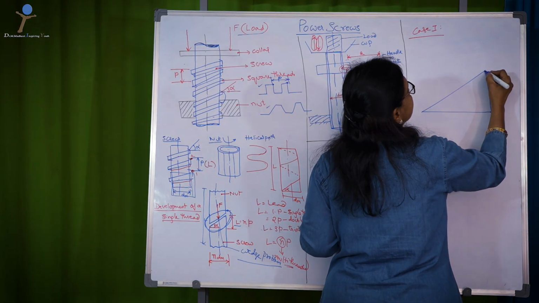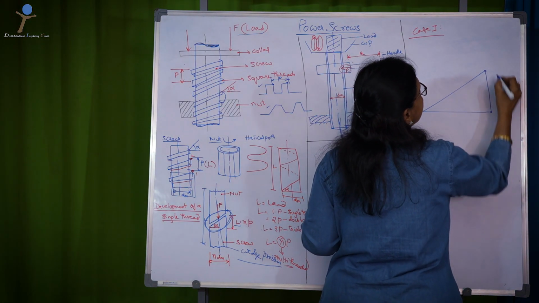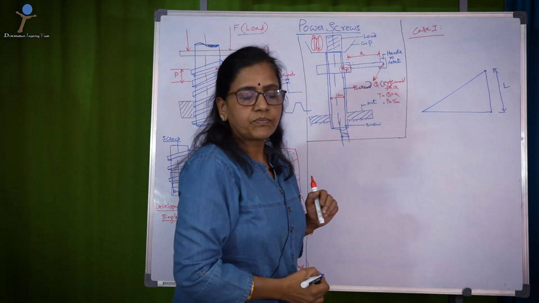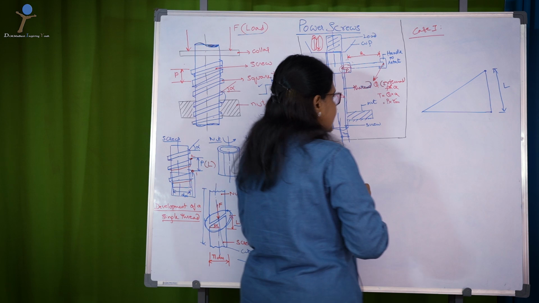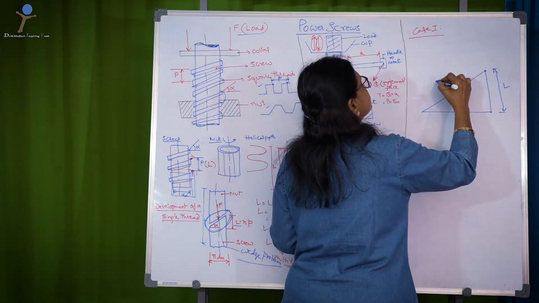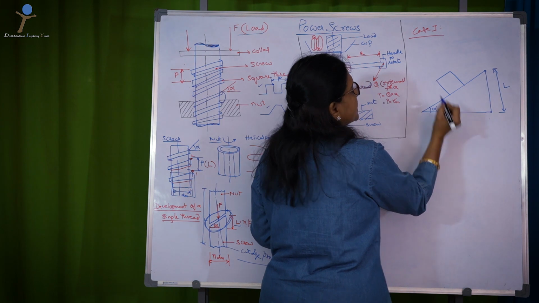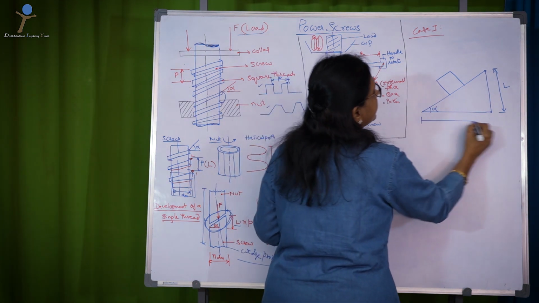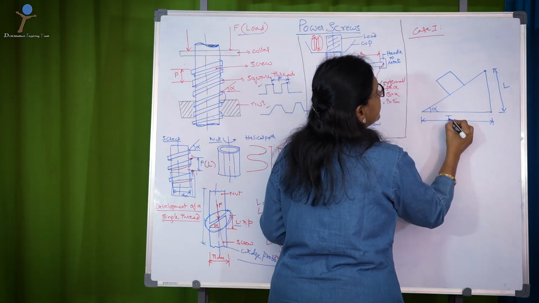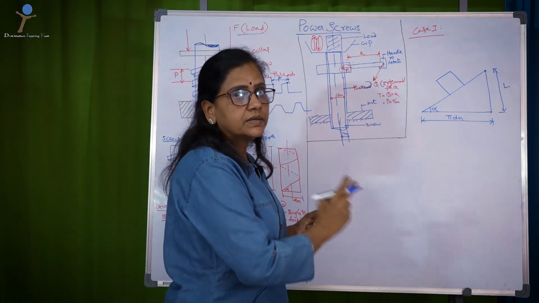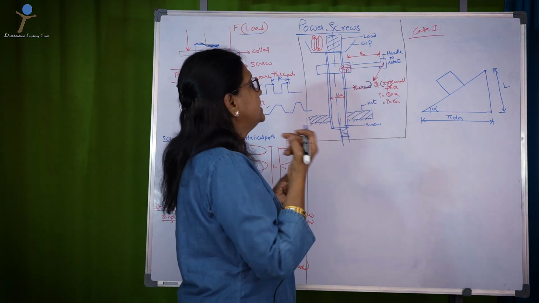This is one first thread, this is a second thread, and the distance between the thread can be the lead. Then place the load on this, and alpha is a helix angle and this is nothing but pi dm, that is the circumference of the thread wound on the cylinder.